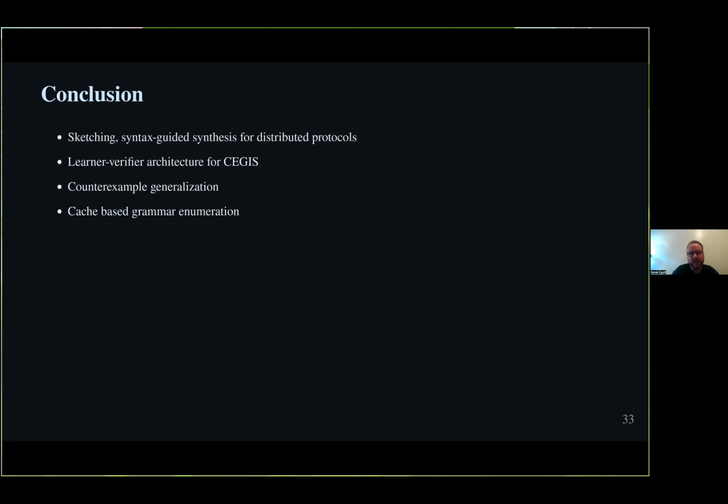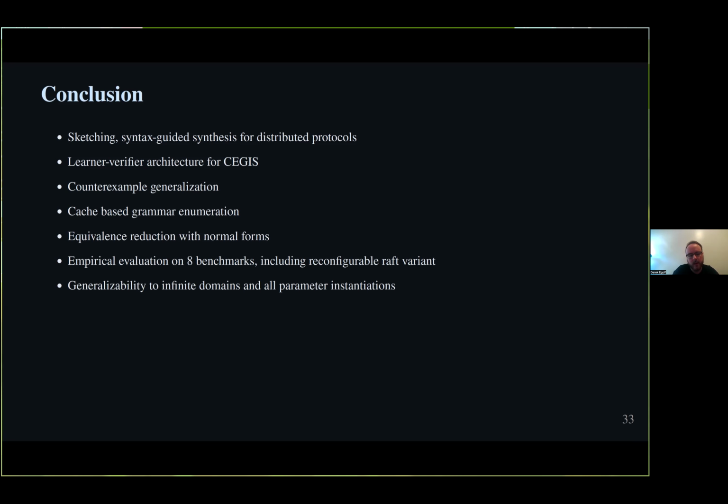We talked about a cache-based method for enumerating expressions in a grammar, and then we extended that to reduce the search space using normal forms. We saw some empirical evaluation results on 8 benchmarks, including a reconfigurable Raft variant. And then we talked about generalizability to infinite domains and all parameter instantiations.